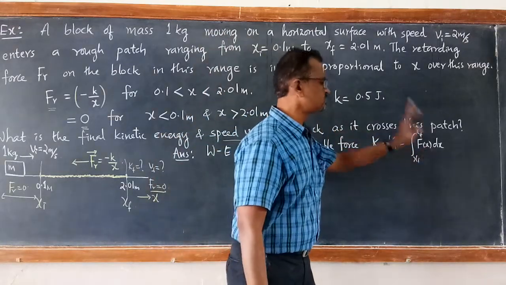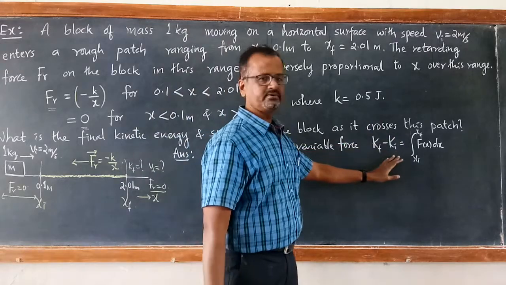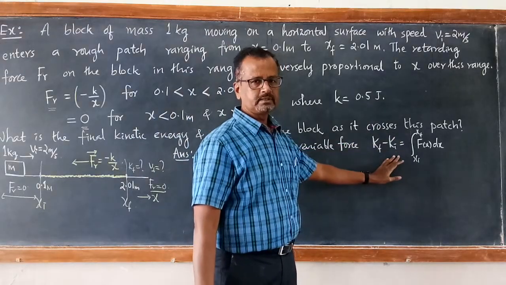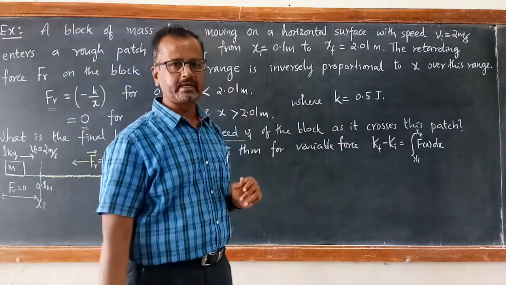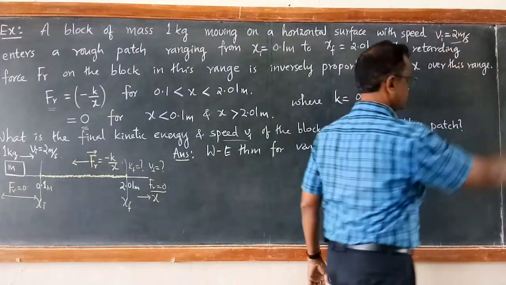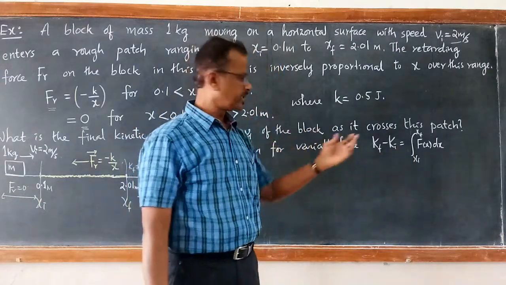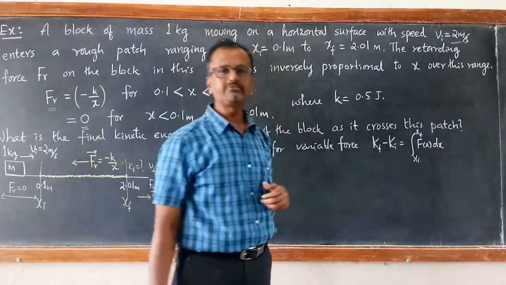Now we have to just substitute the value of Fx and the value of initial kinetic energy, because we know the mass of the block is 1 kg and initial velocity is 2 meter per second. With this, you can get the value of Kf.